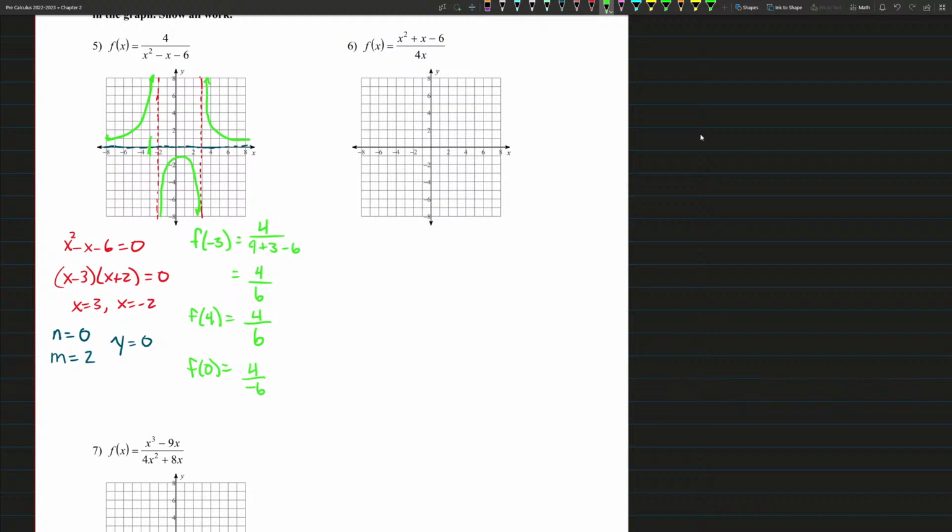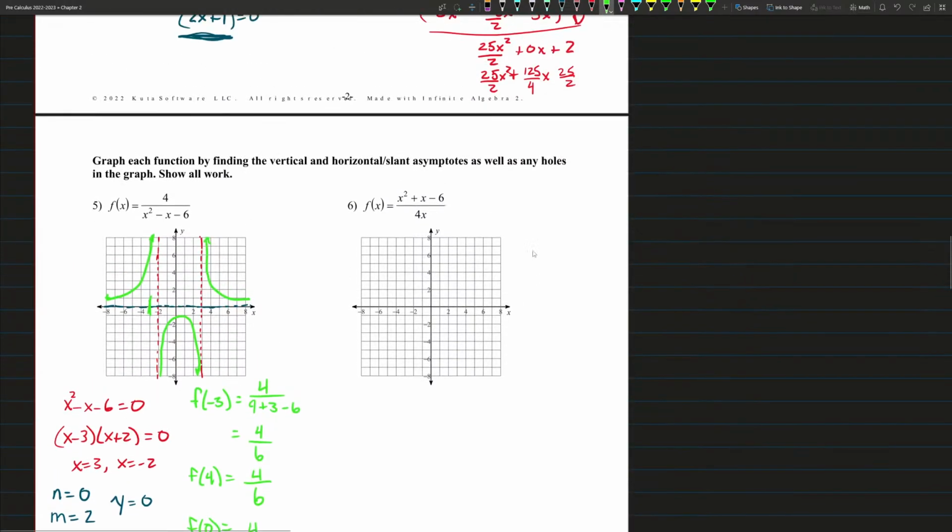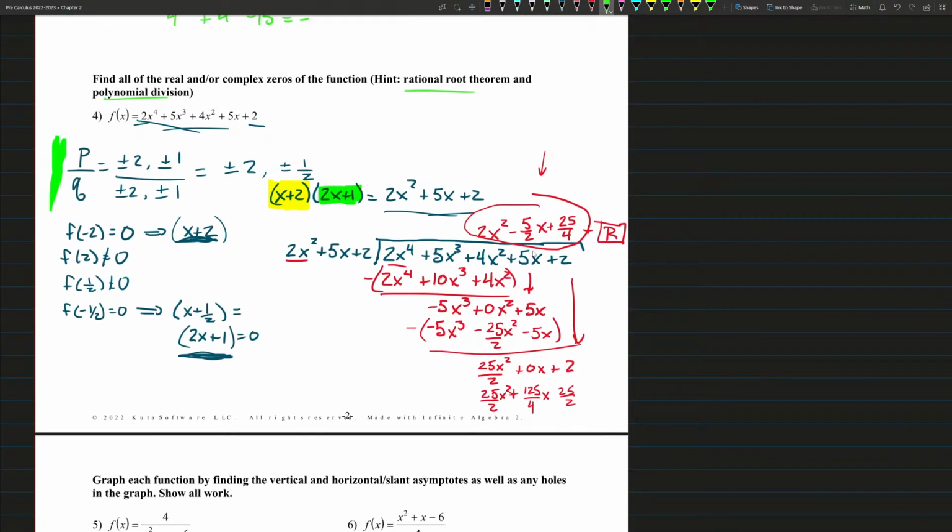I want to go back to number 4 real quick. Why would you do 2x squared on number 4? The answer should be x squared plus 1.